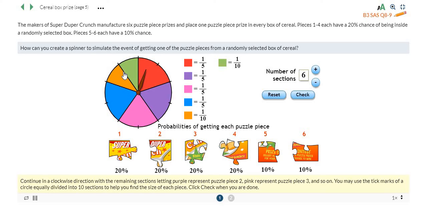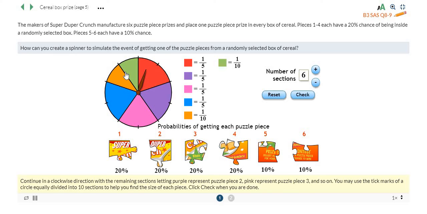What objects could I use other than this spinner to create this probability? We said a penny only has 2 sides, right? So it's not going to work. This 6-sided one is fine, but it's not equal anymore. The spinner works. What are some other mathematical devices?